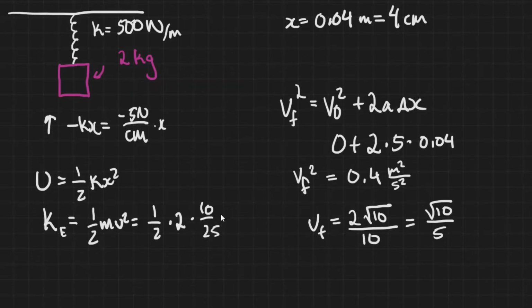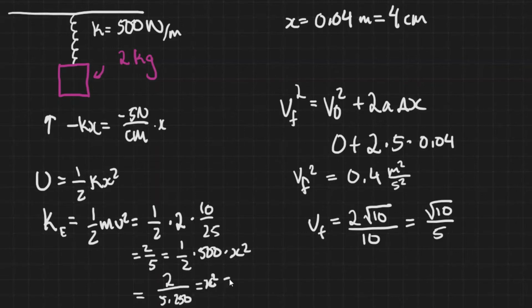And this is going to equal, well, these cancel, and these cancel, that's 2/5, is equal to 1/2 times 500 times x squared. That's huge, but this is going to give us 2 over 5 times 250 is equal to x squared. Actually, let me simplify things here a bit first.